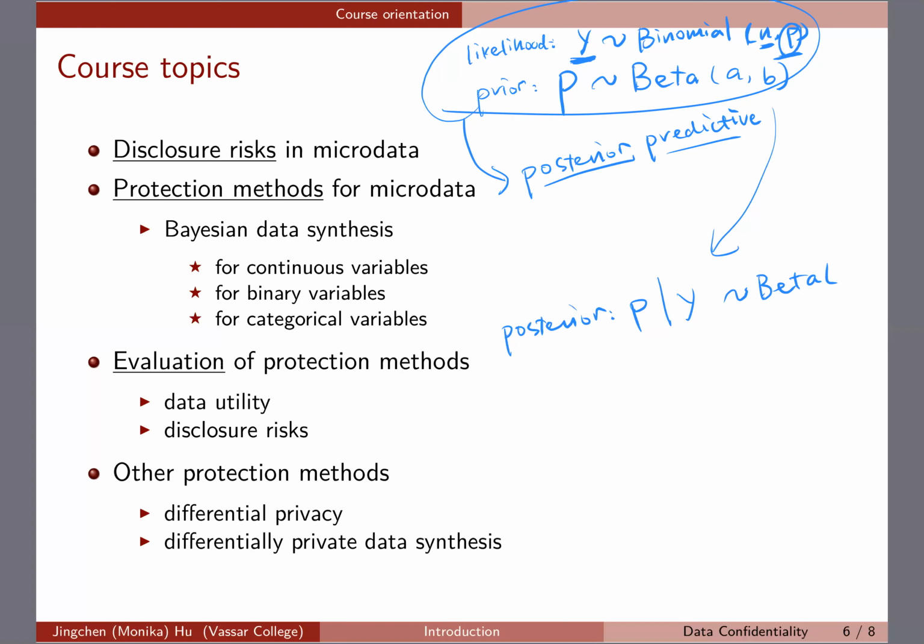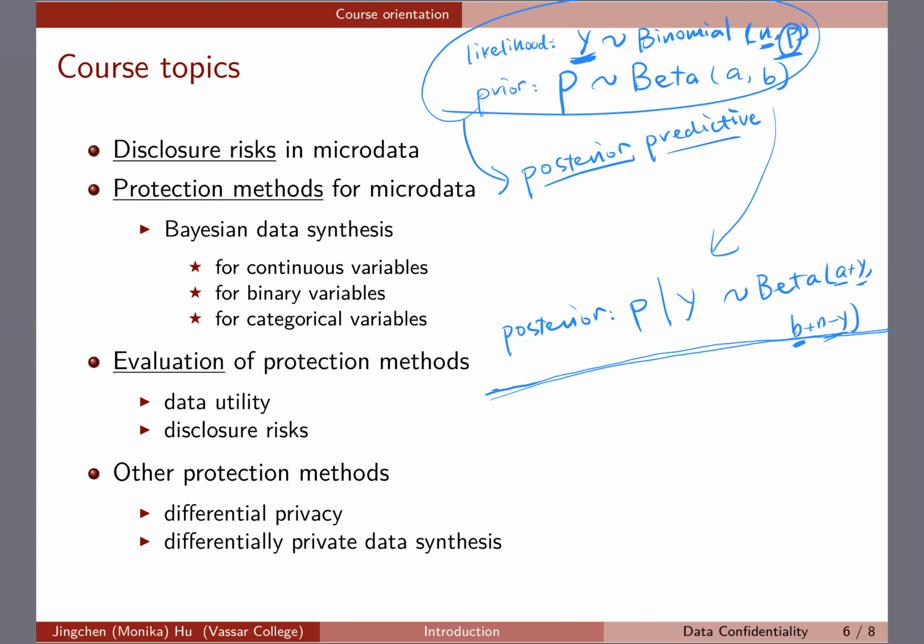A plus Y, then B plus N minus Y. Okay, there's A and B, remember, can be the prior sample size of success and failure, right? And Y is the actual success count in the data, and N minus Y is the actual count of failure in the data.